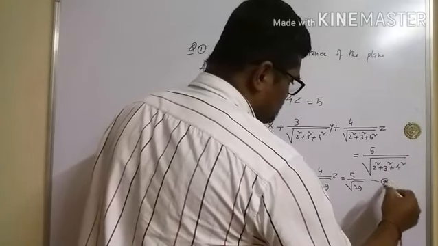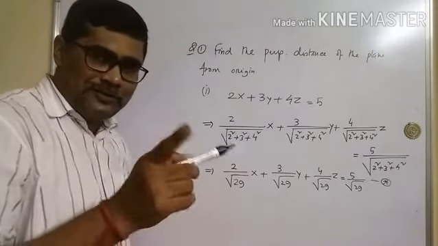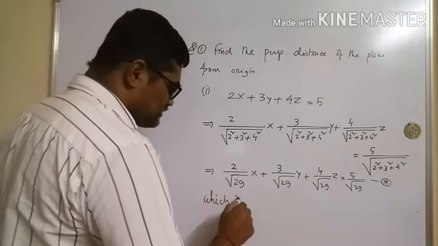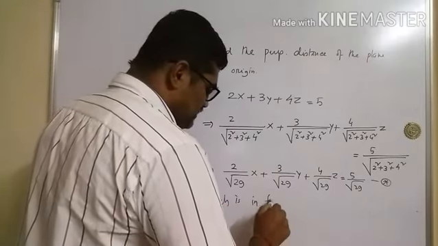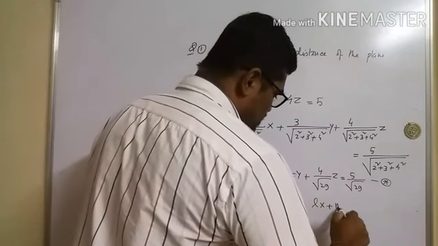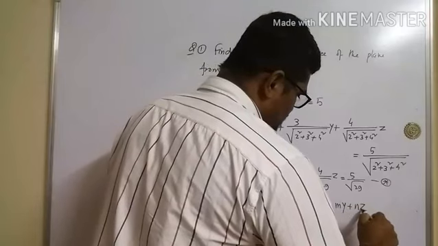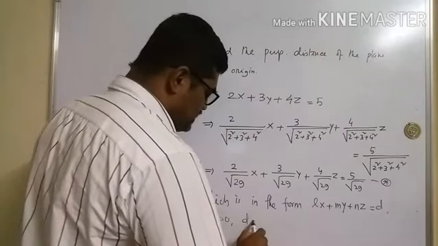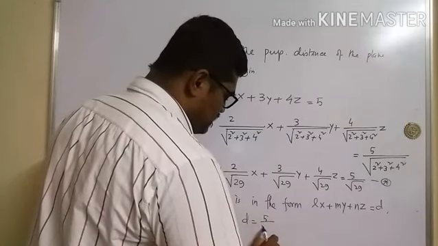This is star. So after that you have to follow a statement, remember it. You write, which is in the form Lx plus My plus Nz equal to D. So D equal to 5 by root over 29.